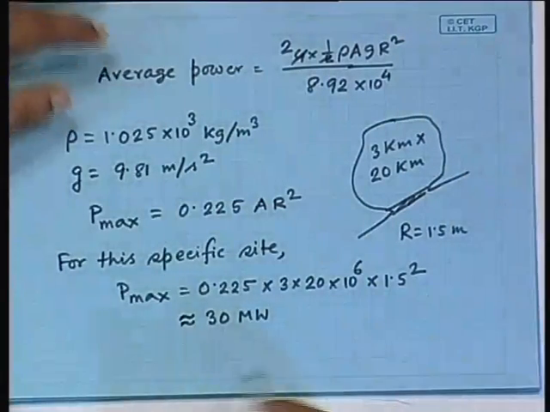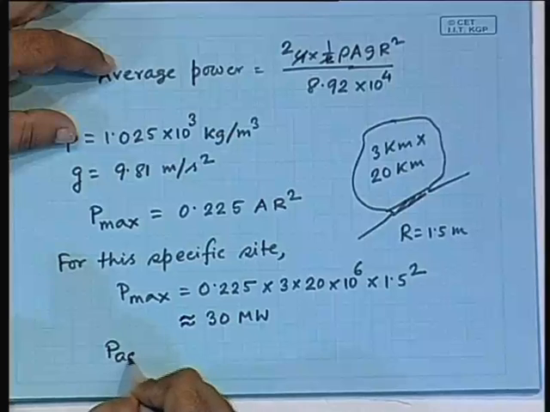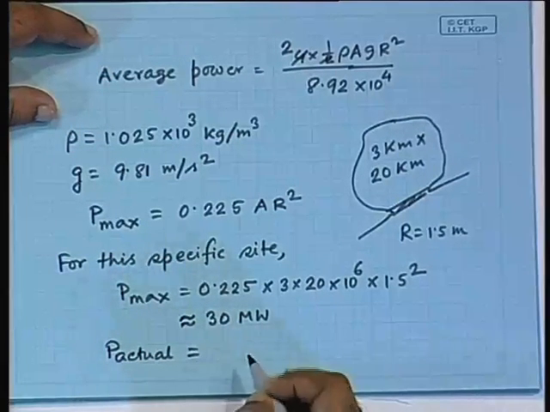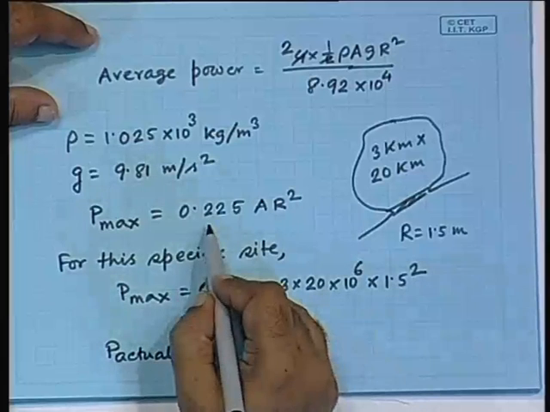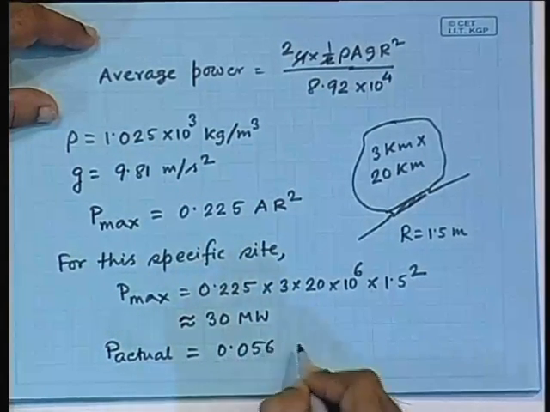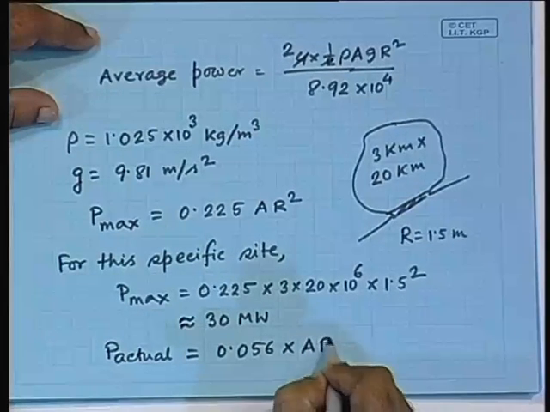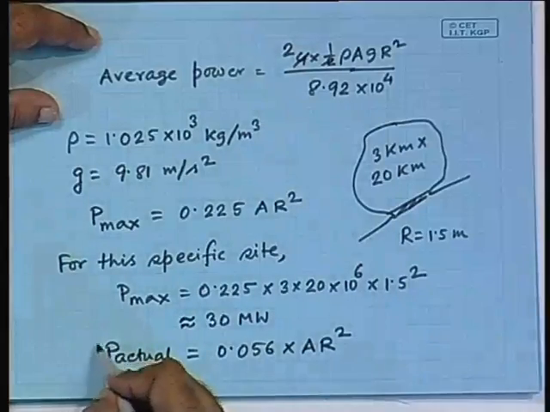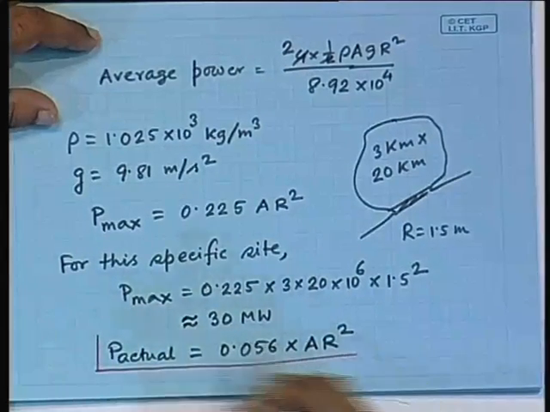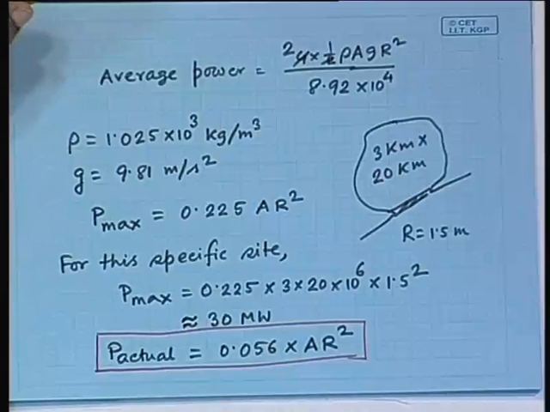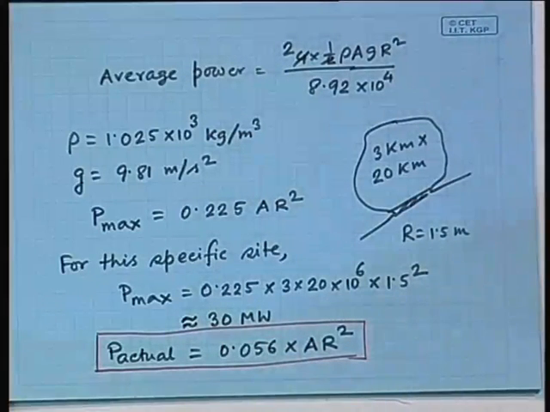So, normally you would say the P actual is equal to 1/4 of this. So, this would be approximately 0.056 times A R square. This is what you should keep in mind, that this is the actual power production capacity, the average power production capacity of the site.